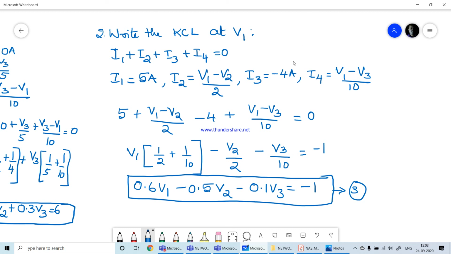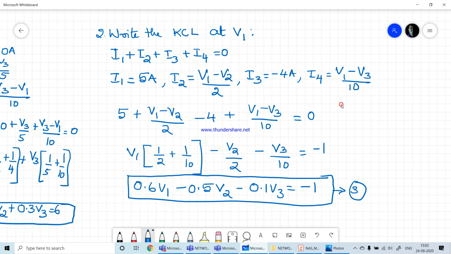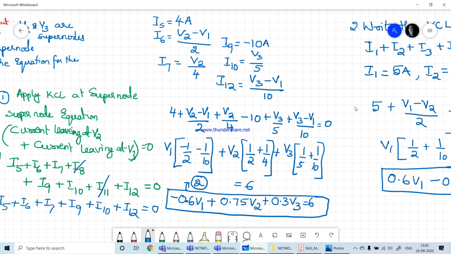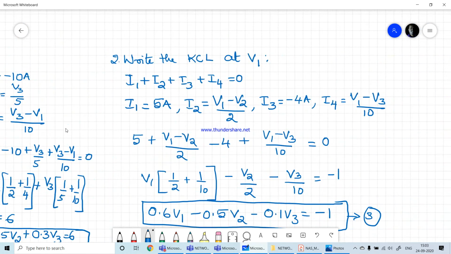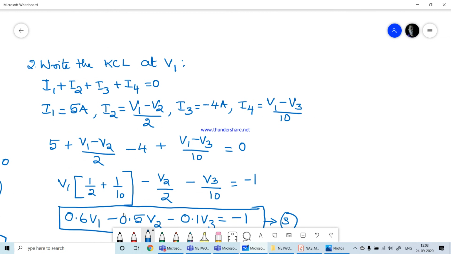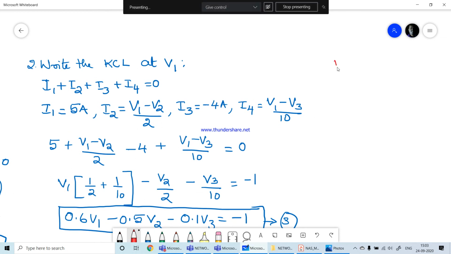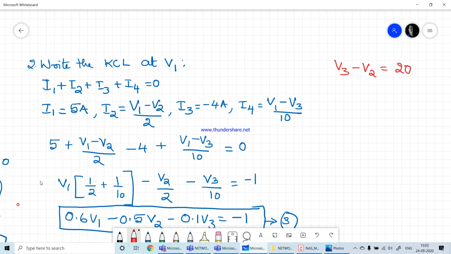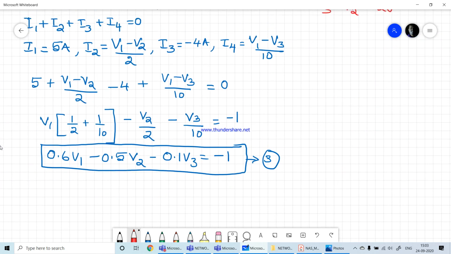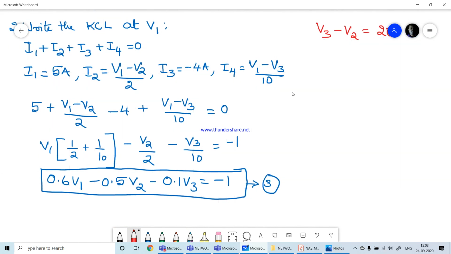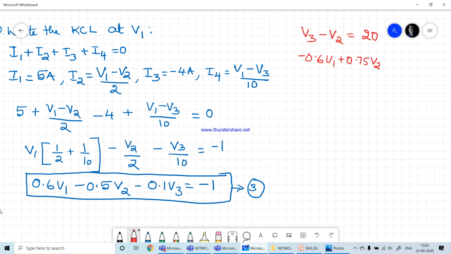Now what is the job? To find out V1, V2, V3. Now it is very simple. You got 3 equations in terms of V1, V2, V3, so my job is to write the matrix for this. The first equation is V3 minus V2 equals 20. The second equation is minus 0.6 V1 plus 0.75 V2 plus 0.3 V3 equals 6.